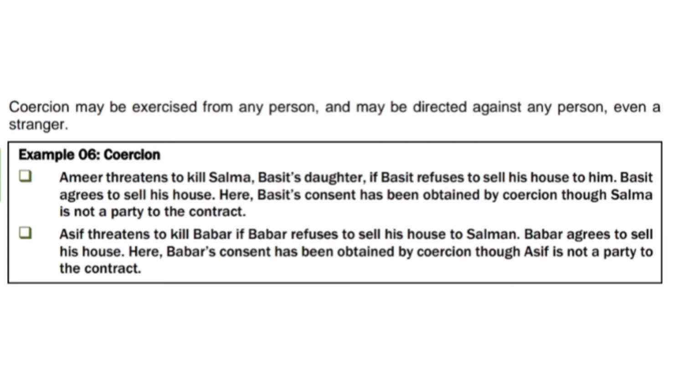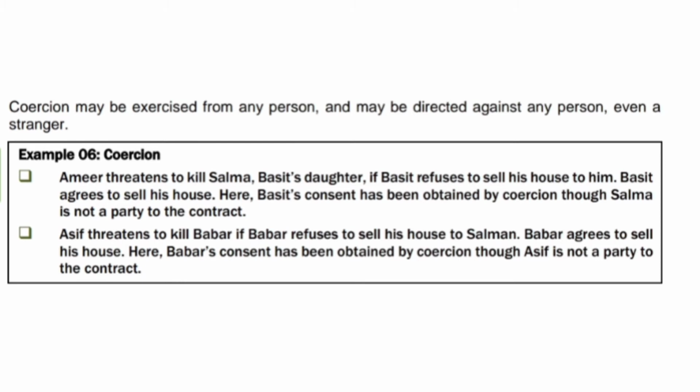Obviously, Basit does not want his daughter to be killed, so he agrees to sell his house to Amir. Now you see that Saima is obviously not a party to the contract, but this is irrelevant because Basit's consent to sell his house to Amir has been obtained on the basis of coercion.